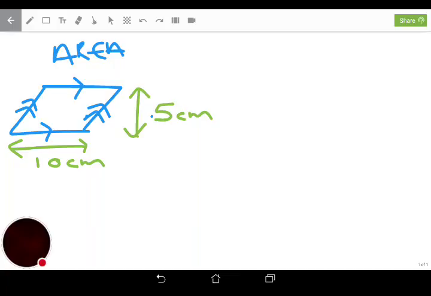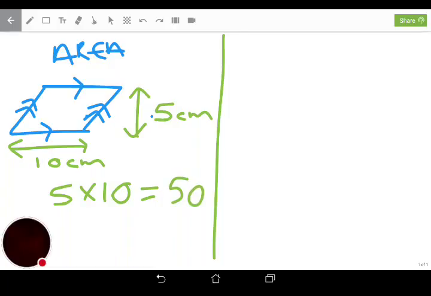So if I was to work out the area of this, it's just going to be a simple 5 times 10, base times height, equals 50, and because it's a 2D shape, remember it's 50 centimetres squared, because you're counting how many squares fit into that shape.